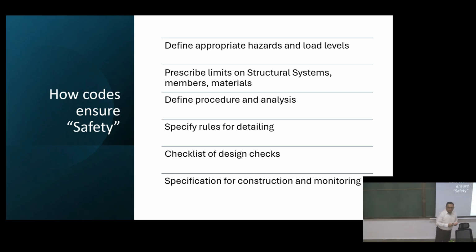How do codes ensure safety? They define appropriate hazards and load levels, right? You have load combinations. Those are your load levels. What I mean by define appropriate hazards, you know what they are? Is there an SLE, MCE, kind of different?